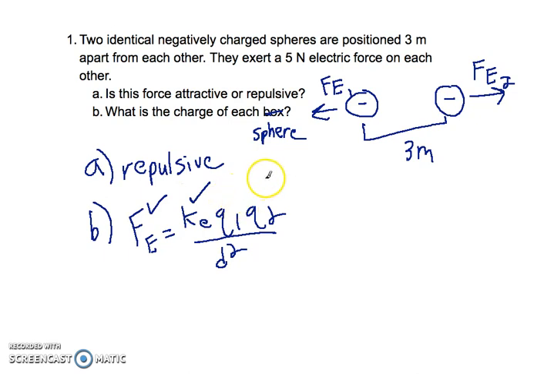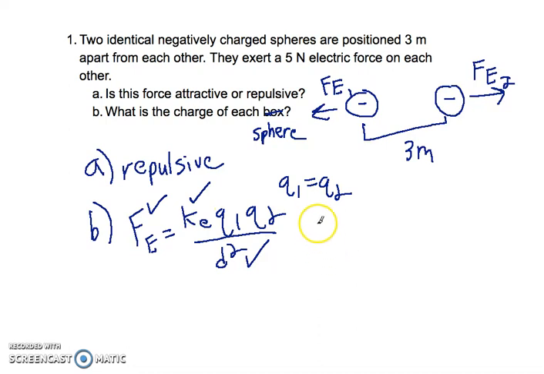We don't know the charges, but what we do know is because they're identical spheres, they're going to have the same charge in this case. So Q1 is going to be the same as Q2. And then D, we do know how far apart they are. So we're ultimately solving for Q1, Q2, which we know are the same.